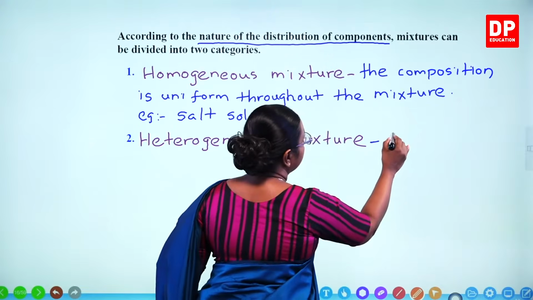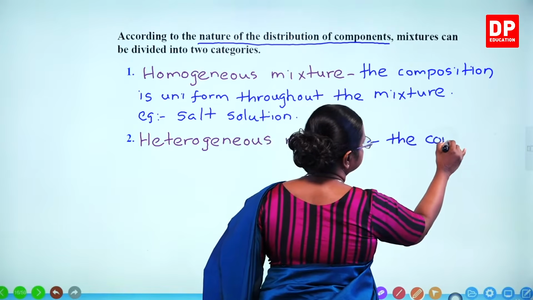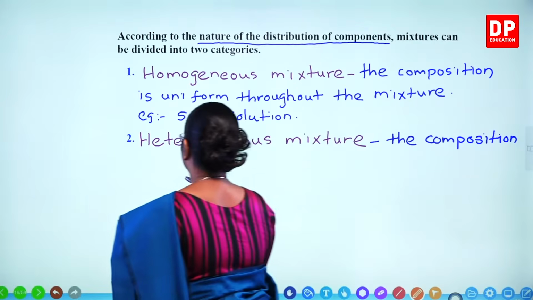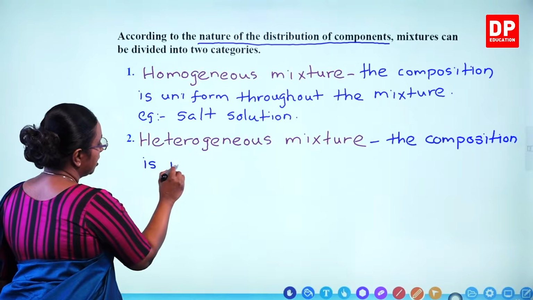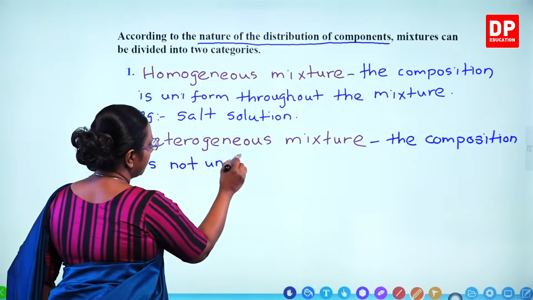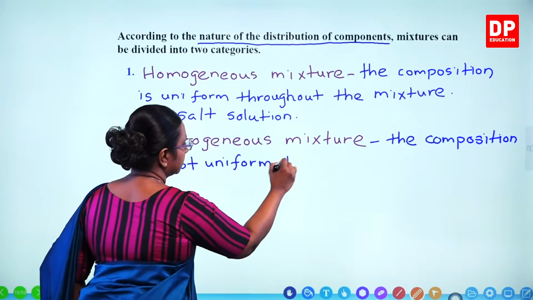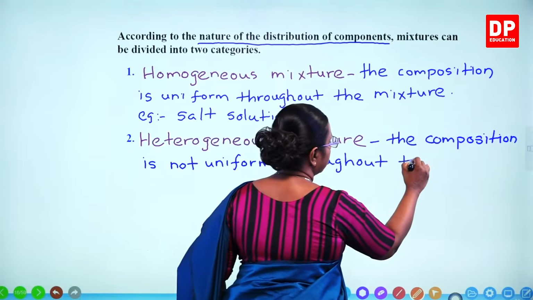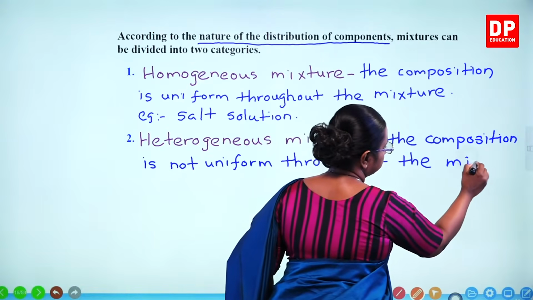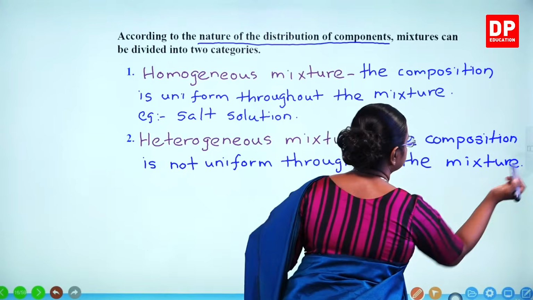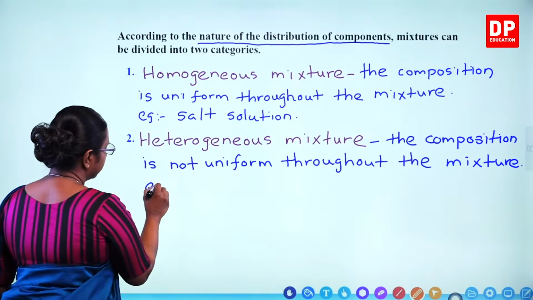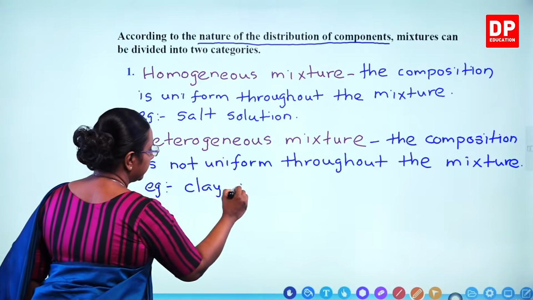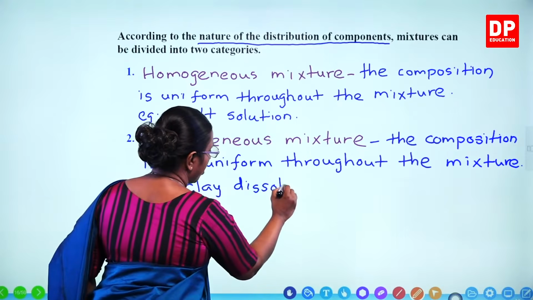Here, the composition is not uniform throughout the mixture. And the example we saw is the clay dissolved in water.